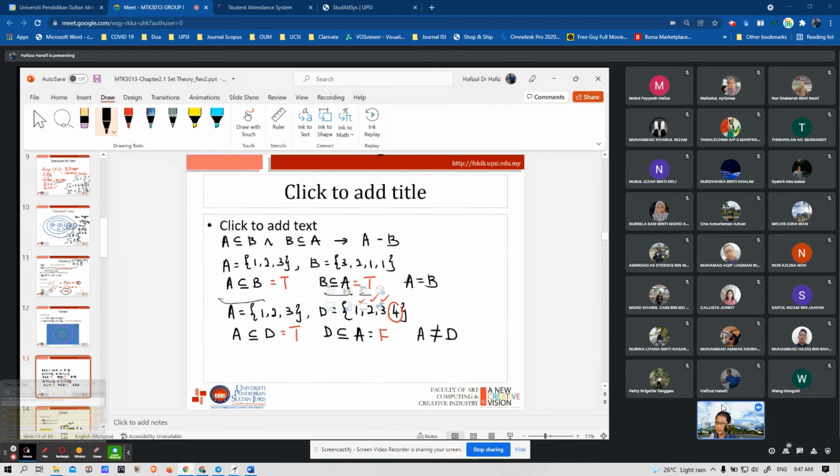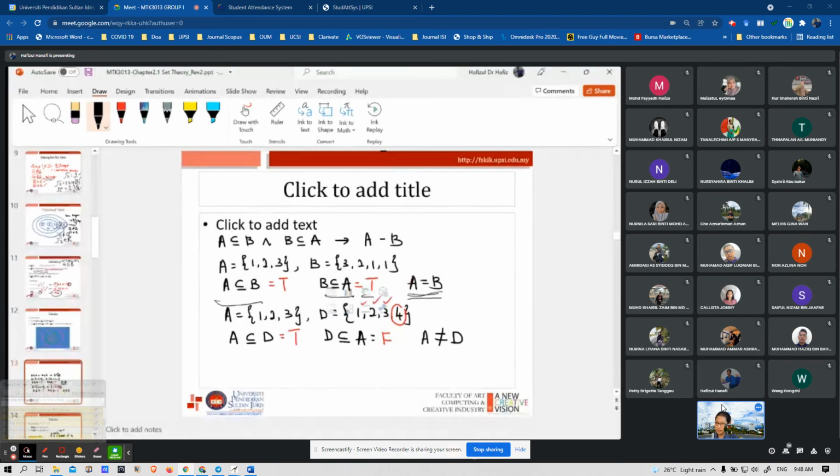True, because A equal to B. Okay, A and D. Is A a subset of D? True. Is D a subset of A? False, because we have 4 here. And we can conclude set A is not the same as set D.